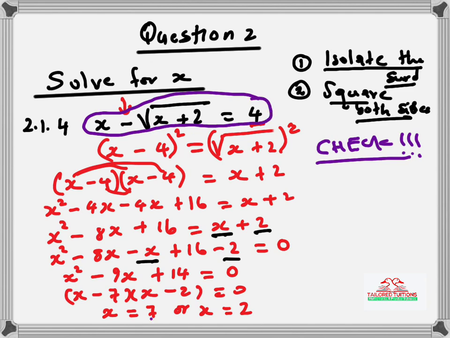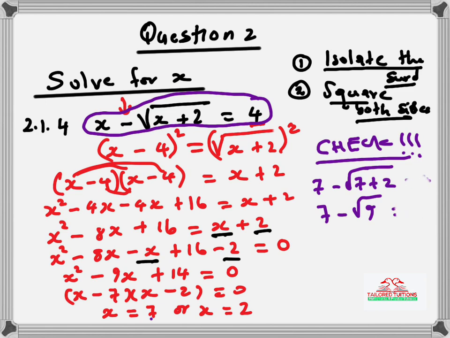So let's check using x equal to 7. So we are going to have 7 here minus square root of 7 plus 2. Let's see if that gives us 4. So this is 7 minus the square root of 9. We want to see if it gives us 4.